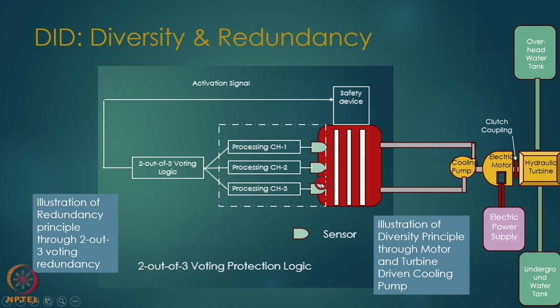Redundancy means that instead of one sensor, 3 sensors are installed, operating on 2 out of 3 logic. Even one sensor failure will not affect the system operation. When 2 sensors deviate from the normal course and there is a mismatch, then the logic is activated and a safety action is initiated.